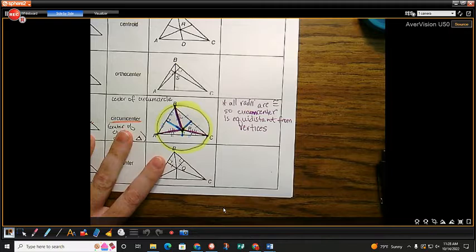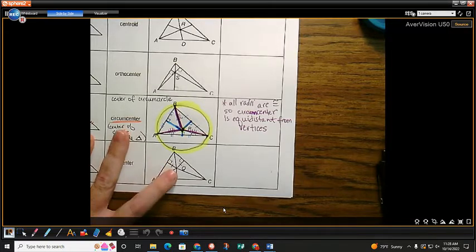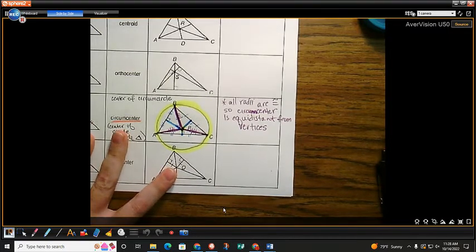Vertices are the corners of the triangle. I taught you that word at the beginning of the unit. Once I teach it to you, I'm good to use it any time.